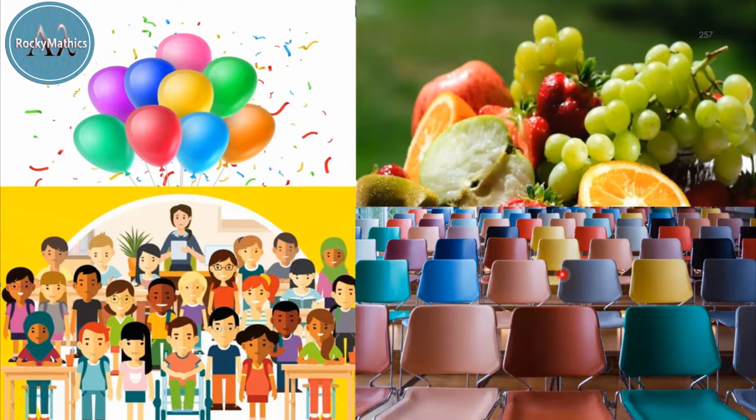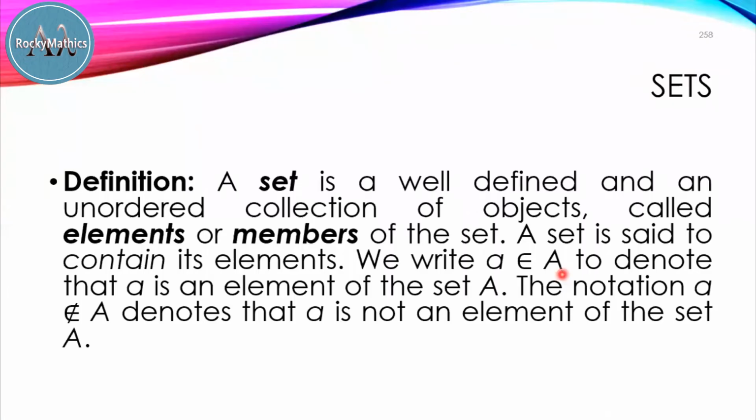So, in mathematics, what do we mean by set or sets? A set is a well-defined and an ordered collection of objects called elements or members of the set. A set is said to contain its elements.